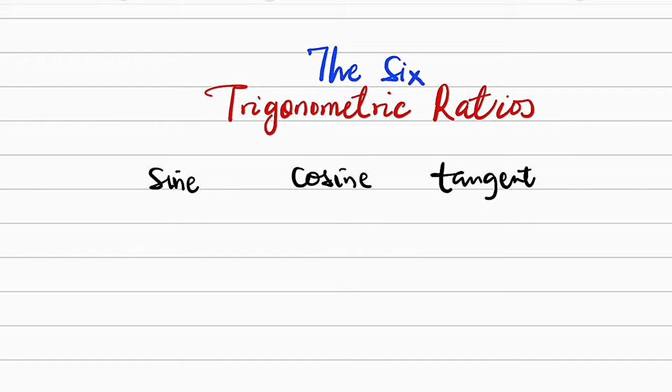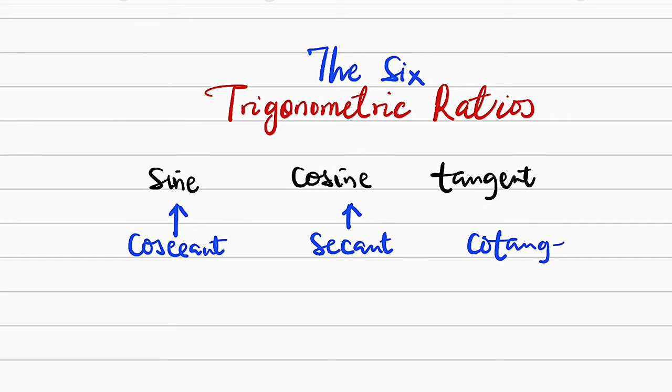So the other three are cosecant. Cosecant is just the reciprocal of sine. Then we have secant, which is a reciprocal of cosine, and lastly we have cotangent, which is also the reciprocal of tangent, making 6 altogether.